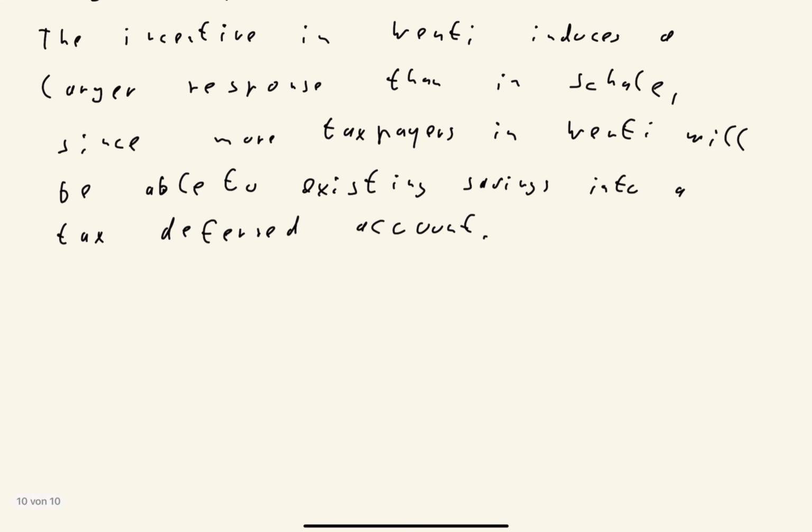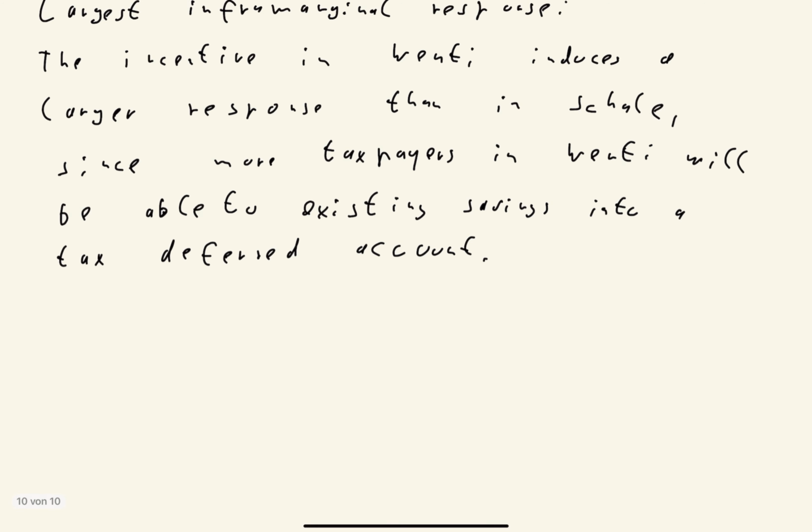So basically, it's already answered. The incentives in Venti induce a larger response than in Shale, since more taxpayers in Venti will be able to shift, it should be shift here, to a tax deferred account.